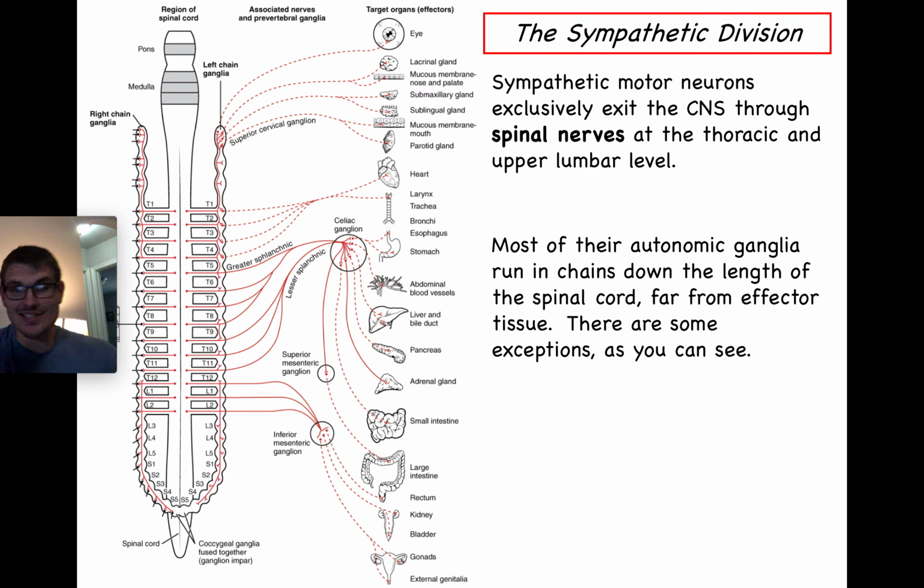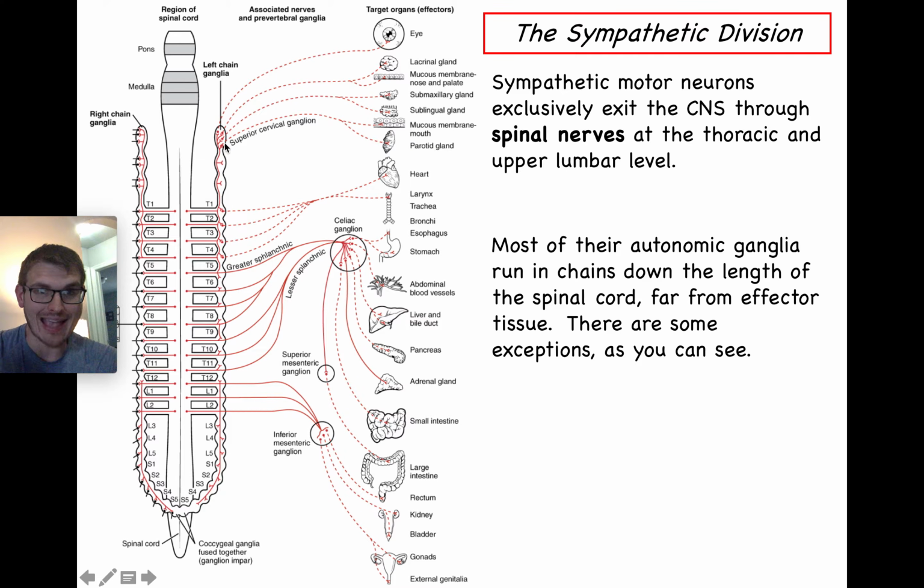So in these cases, if we want to identify the autonomic ganglia that interface between the preganglionic and postganglionic neurons, most of the autonomic ganglia are going to run in chains down the length of each side of the spinal cord. You can see I'm tracing one right here.